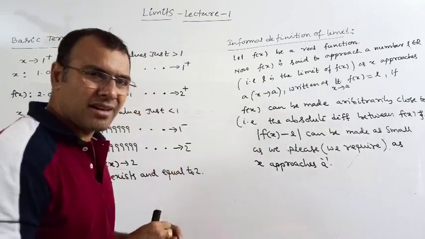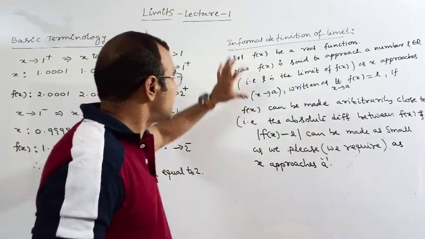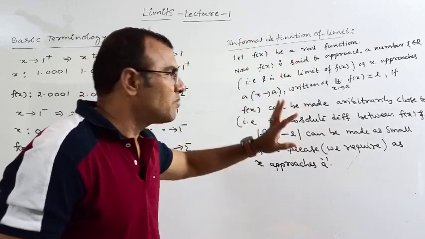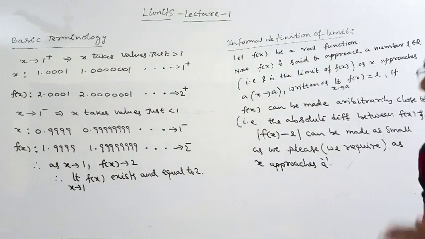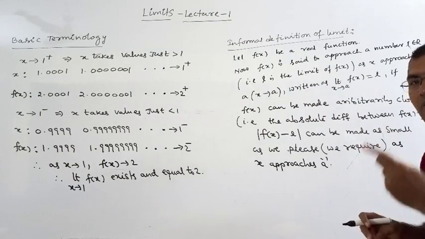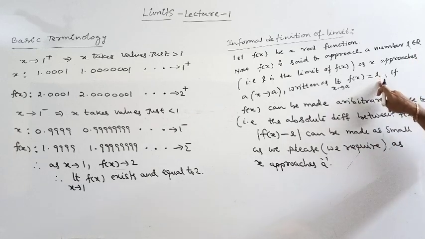What is the meaning of each word? You have to read the definition very clearly. Once again I am telling you, when do you say that a function approaches L as x approaches A?